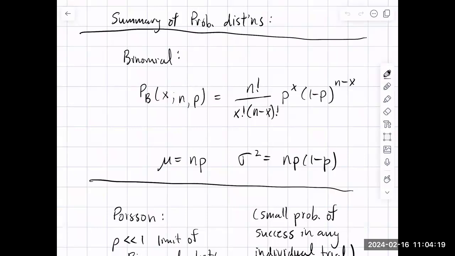We calculated the mean of the binomial distribution, and it was just the number of trials times the probability of success of any given trial. So if you roll a die 6 times, the average number of times that you're going to get, say, a 2 is 6 times 1/6 probability.